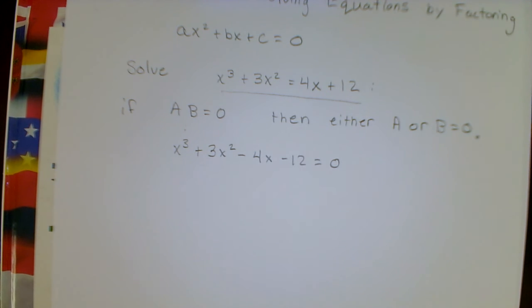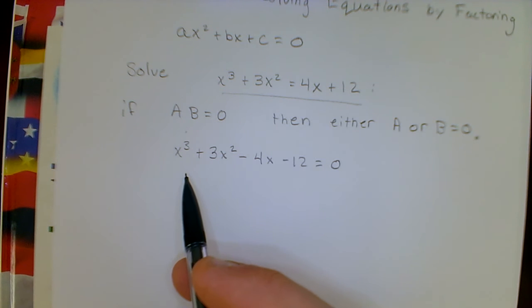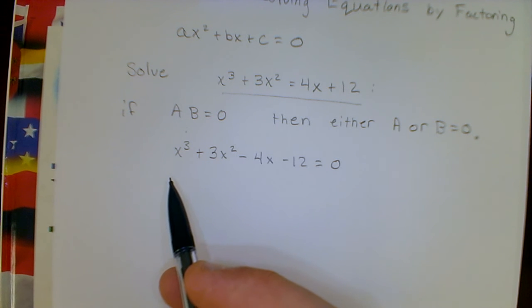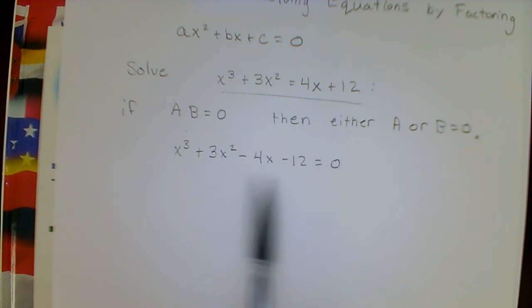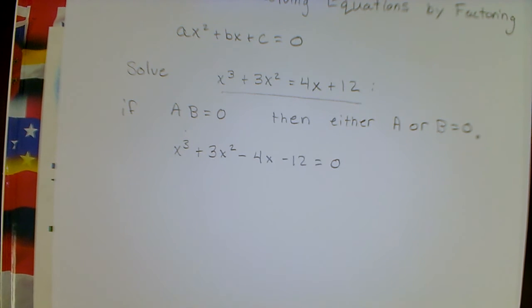So we did learn a technique for factoring non-quadratic equations back in the review chapter. So in this case, we can actually factor this equation. We can factor it by grouping.